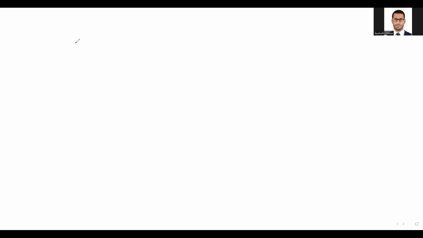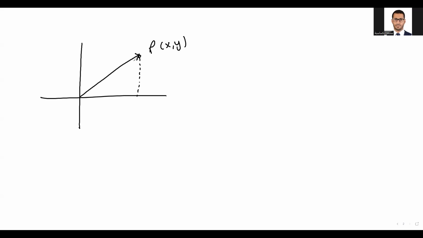If you have a point P here, which is x and y, and also r and theta, here this is r, and the distance from here is x, the distance from here is y, and this is theta.